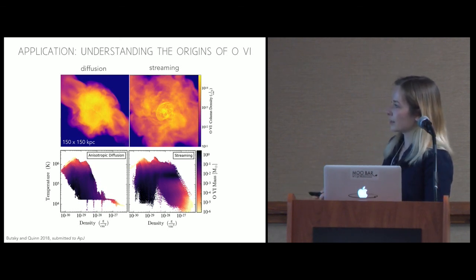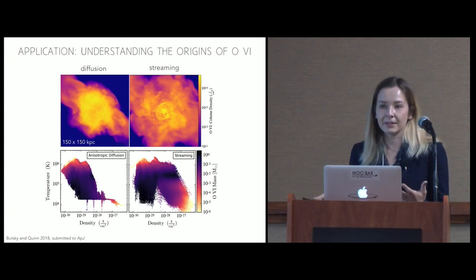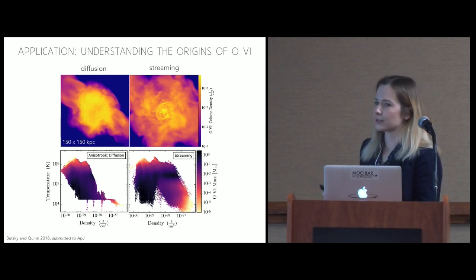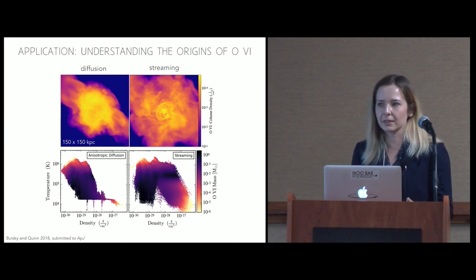And so this is the temperature as a function of density of the gas in the CGM, and it's colored by the oxygen-6 mass probability. So the dark points show where the oxygen-6 is most likely to be found.